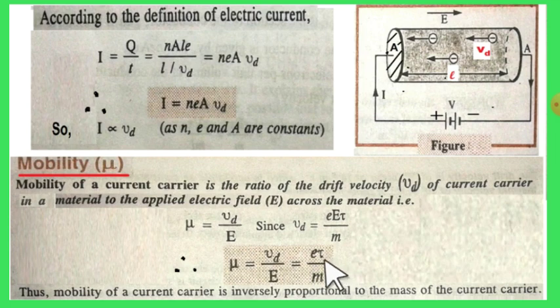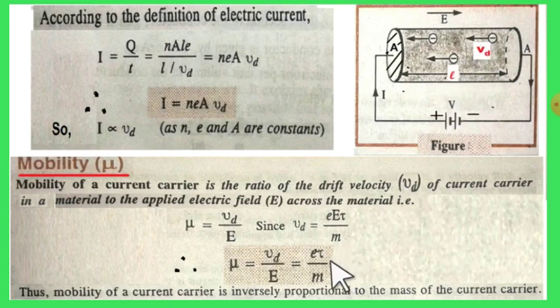Have you understood? If temperature increases, then these collisions will be very fast. The relaxation time will be less. If temperature increases, the thermal vibration will be more and more zigzag like this. So what happened? The time duration between two successive collisions will decrease with a rise in temperature.